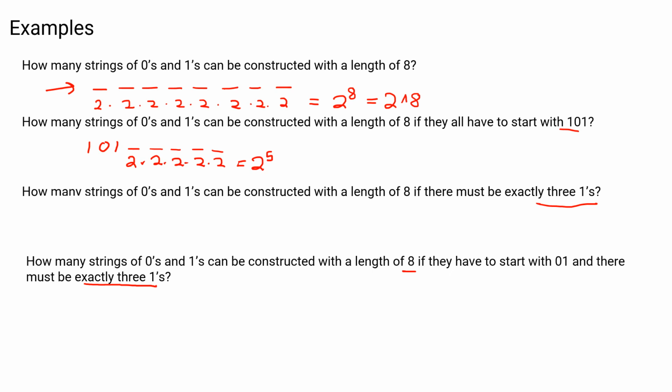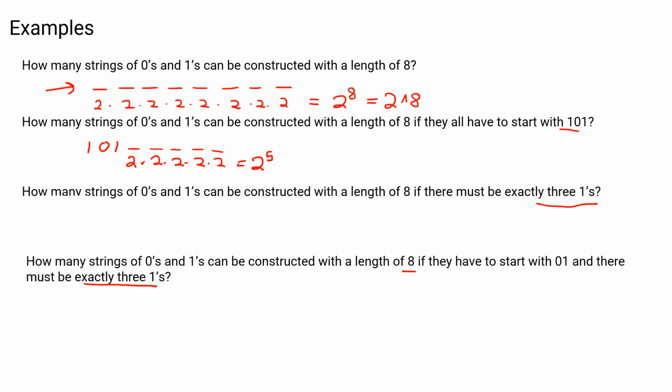How many strings of zeros and ones can be constructed with a length of 8 if there must be exactly 3 ones? Now here's where we get to the new stuff. For just using the product rule, we can't get the answer, because the 3 ones could be in different locations.